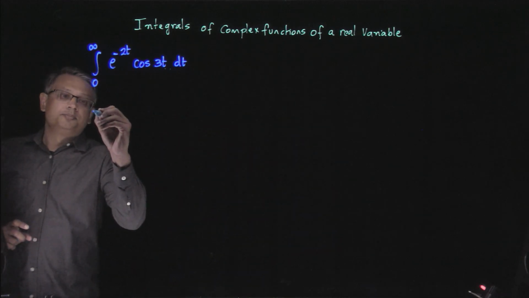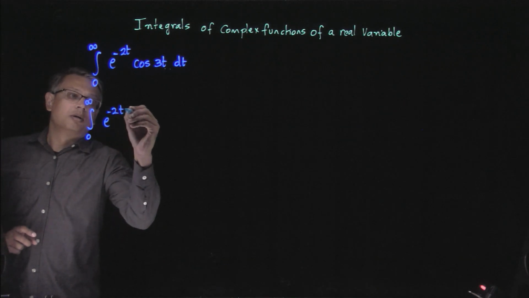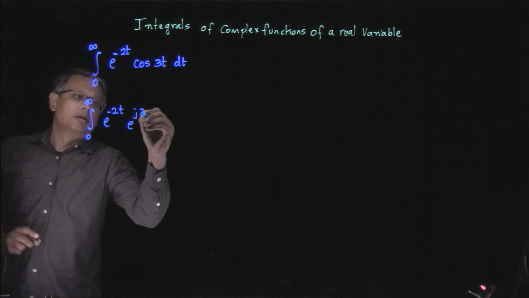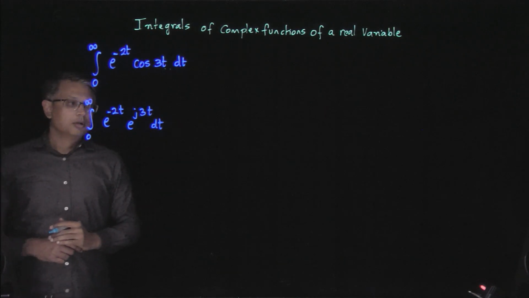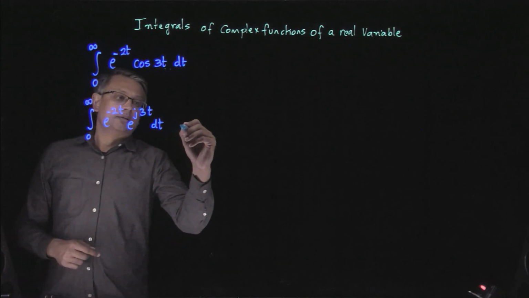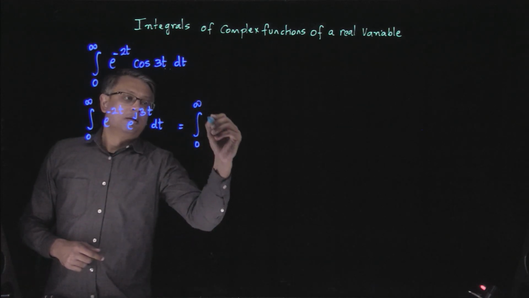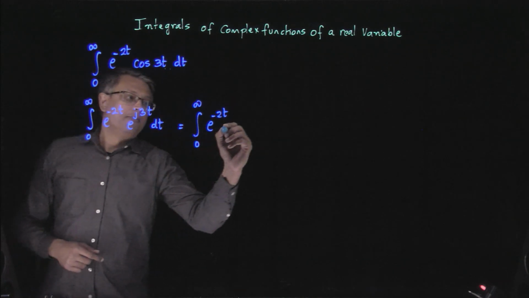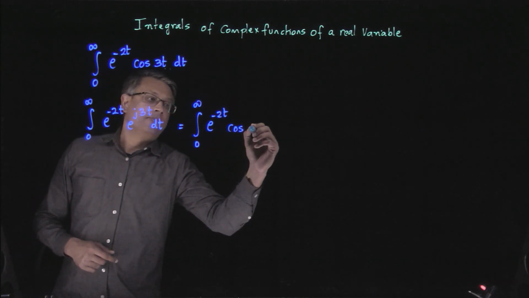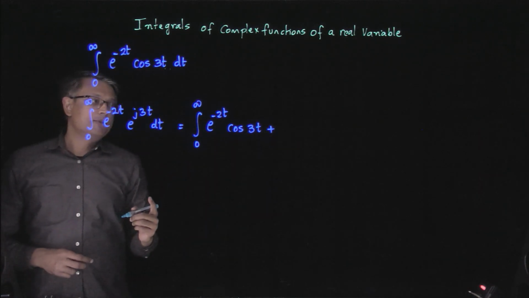and if you think about this integral, we can write this term e to the j3t as cosine 3t plus j times sine 3t.